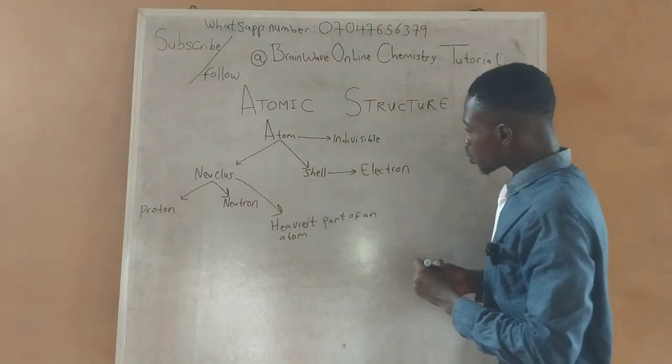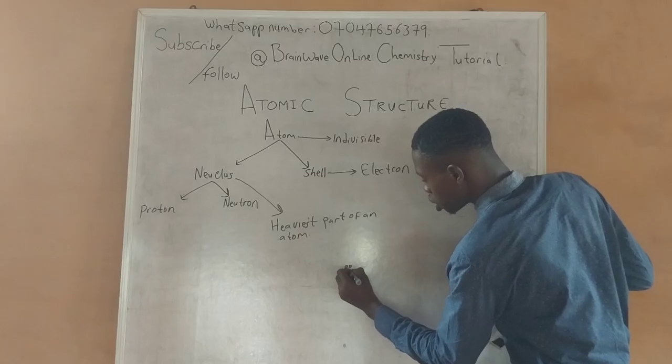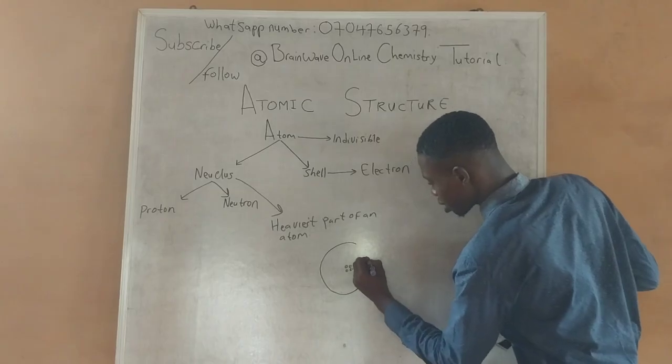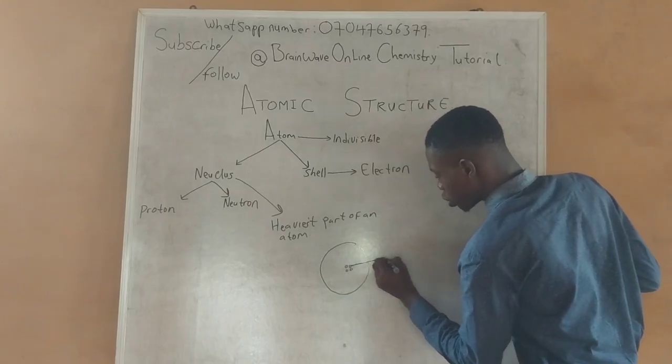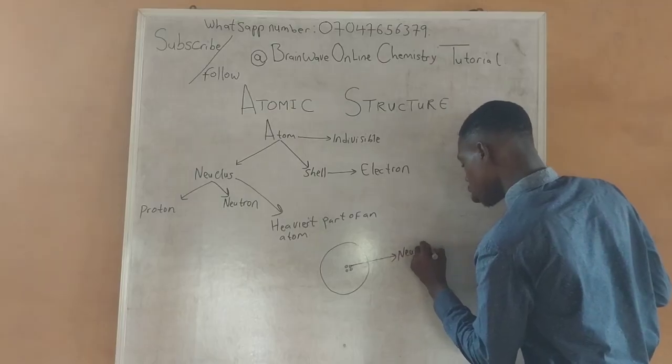So the structure of an atom looks like this. Here we have the nucleus and the electron spinning around it. This happens to be the nucleus.